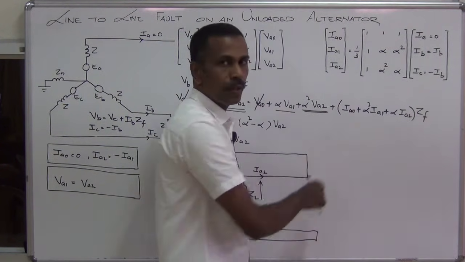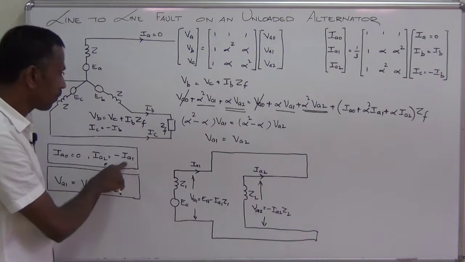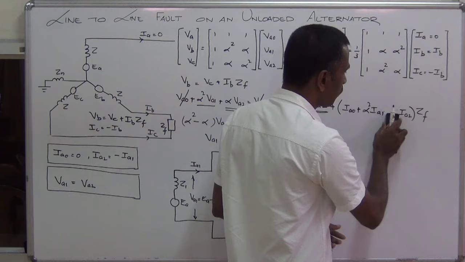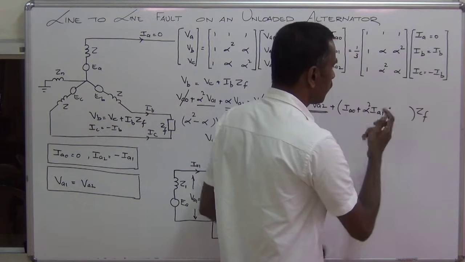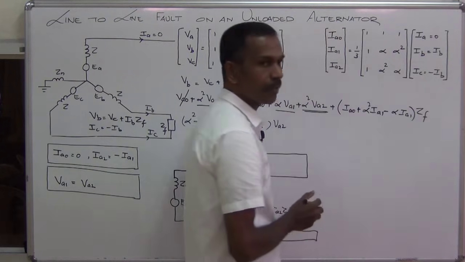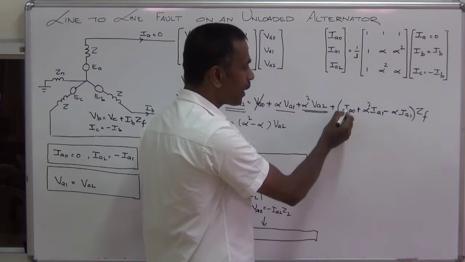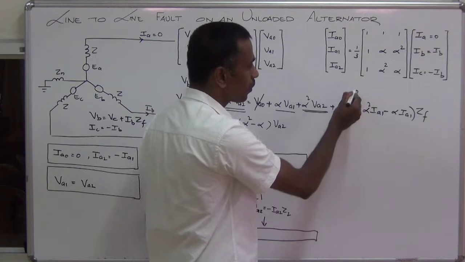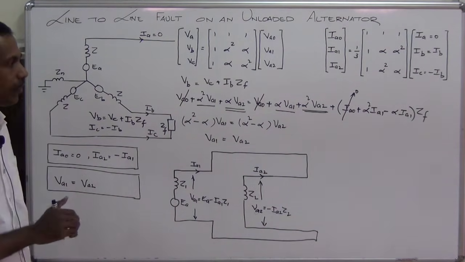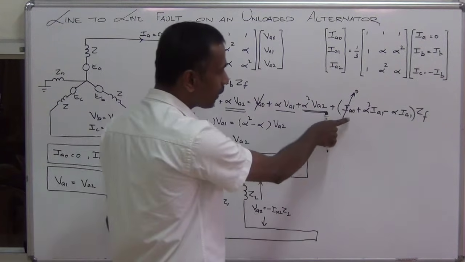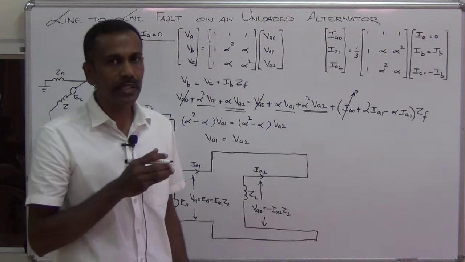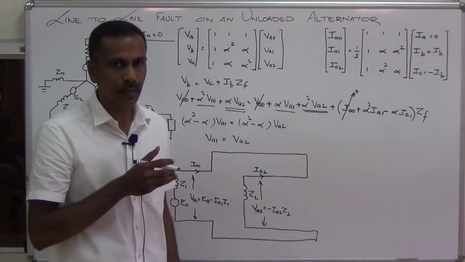As you know, IA2 equals minus IA1. So this can be written as minus alpha IA1. And here IA0 equals 0. There is no zero sequence current here in the line to line fault. The zero sequence current is 0 for this particular case because the zero sequence current flows through the ground connection.